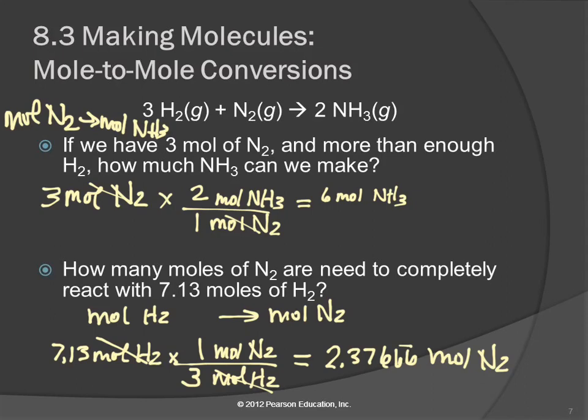How many significant figures should that number have? It should have 3. The number we started with had 3, so I'm going to round this to 3, 2.3. The next digit is, we've got 7, and the one we're dropping is the 6. That's 5 or greater, so we round up to 8.